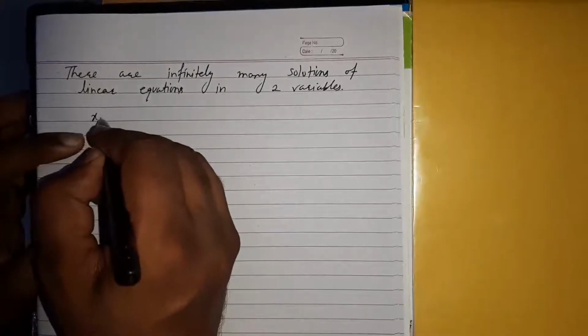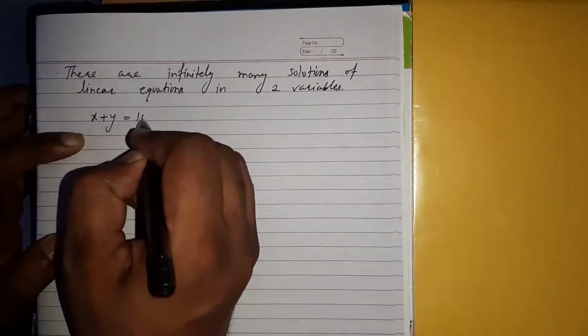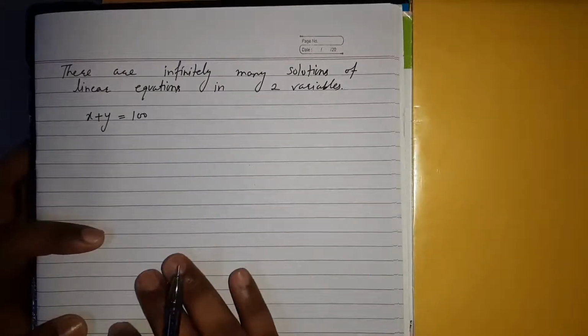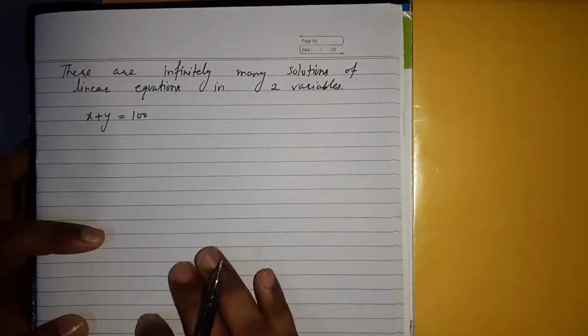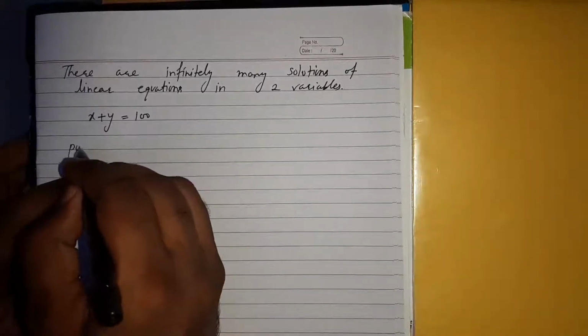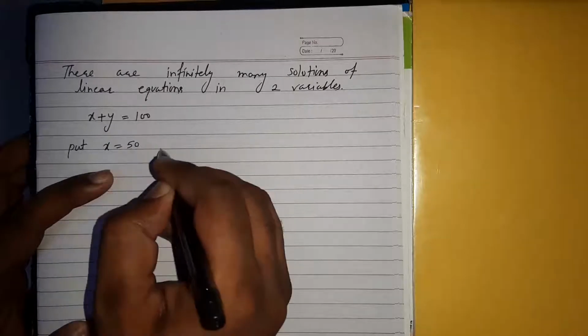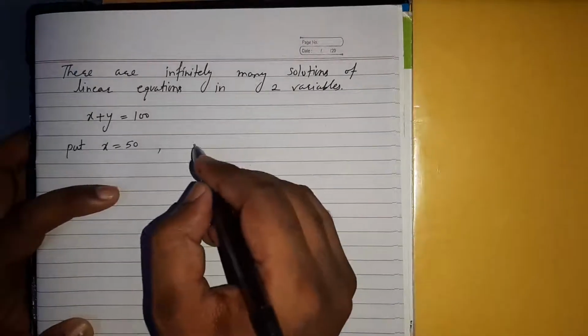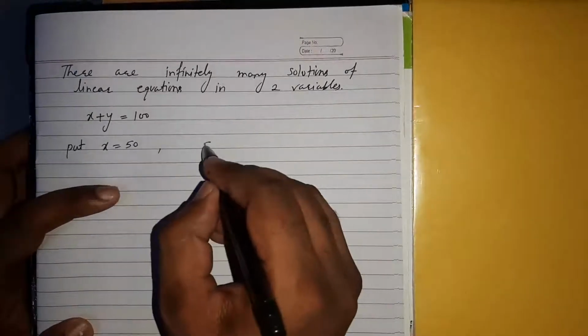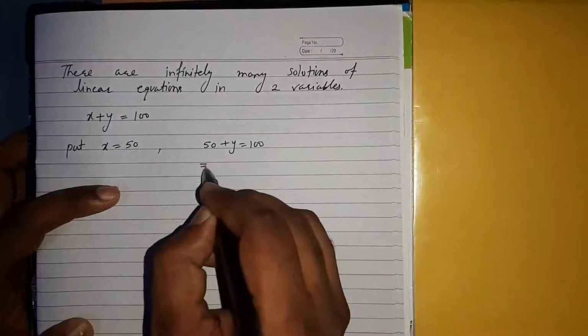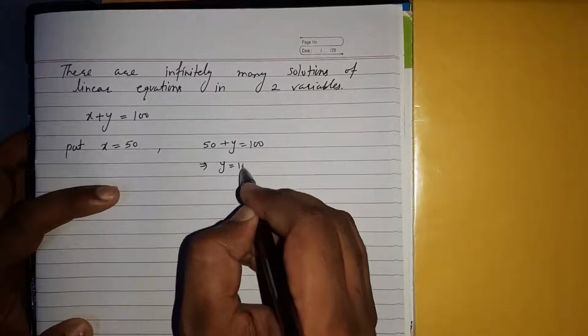For example, suppose the equation is x plus y is equal to 100. You can put any value of x in this equation and we can get the value of y. Suppose we put x as 50. Then 50 plus y is equal to 100, so y will be 100 minus 50.